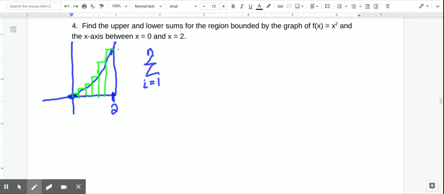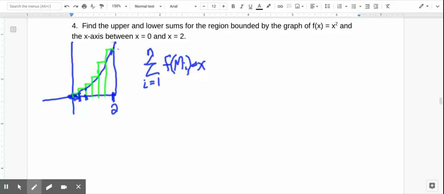Now the width of all of these rectangles, I'm going to call that delta x. And then the height of all the rectangles is determined by the function, okay? Because I have to plug whatever this value is into the function, and that'll give me that endpoint. I think your book uses m sub i, whatever rectangle it is. So this is what we're trying to do.